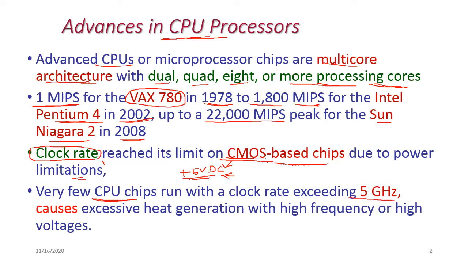If we increase the CPU speed, the CPU will generate more heat, the frequency will also be very high, and it consumes more voltage. If it consumes more voltage, the heat will increase, so the CPU lifetime will be greatly decreased.